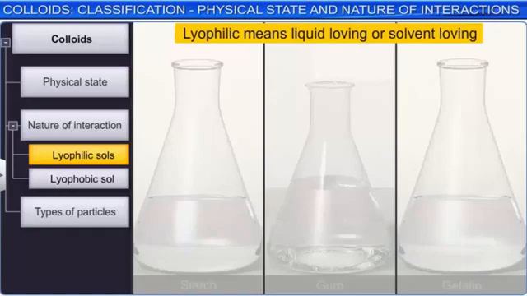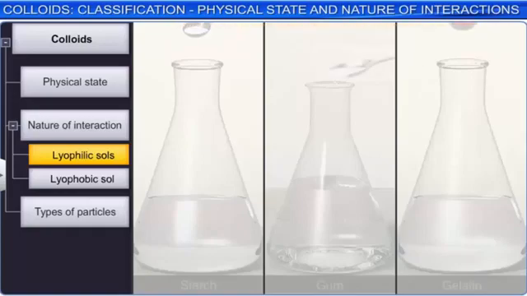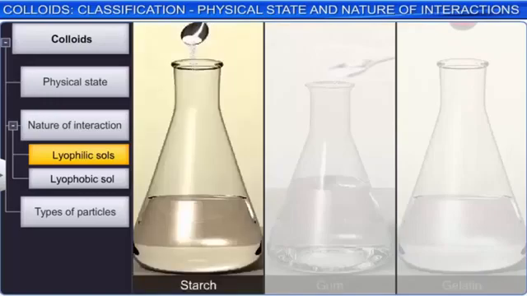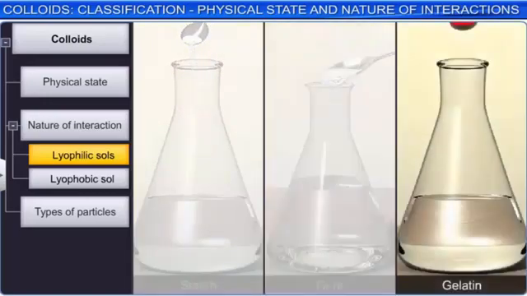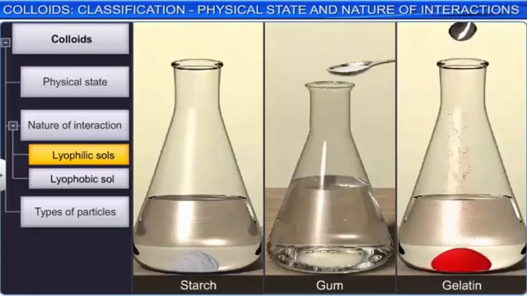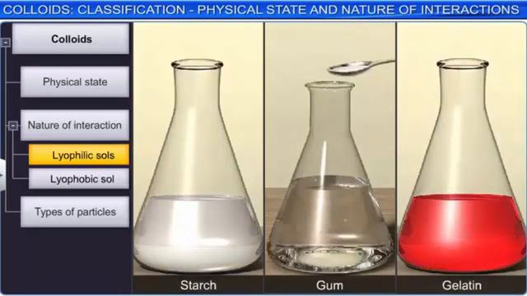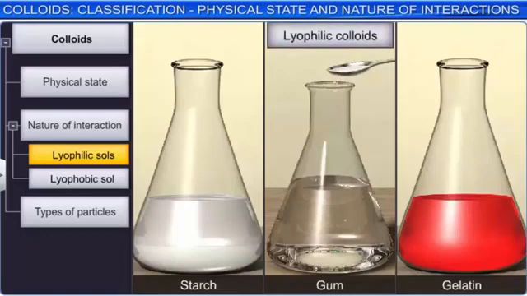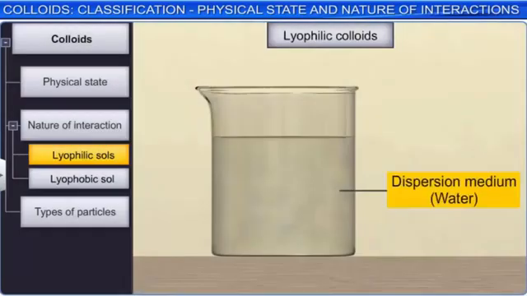When substances like starch, gum, and gelatin are mixed with a suitable liquid, that is, a dispersion medium, they readily form colloidal solutions. Such colloidal solutions are called lyophilic colloids. When water is the dispersion medium, they are called hydrophilic colloids.